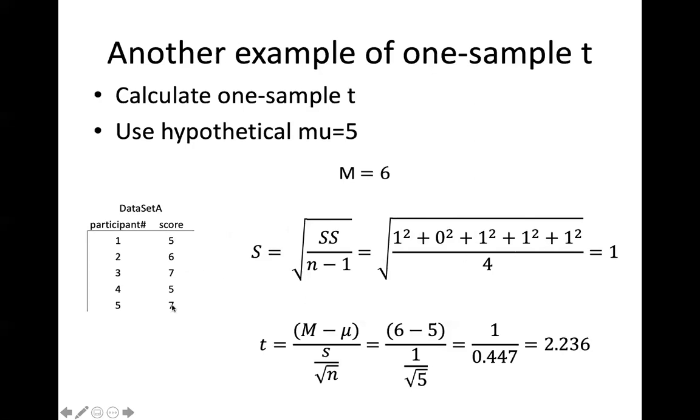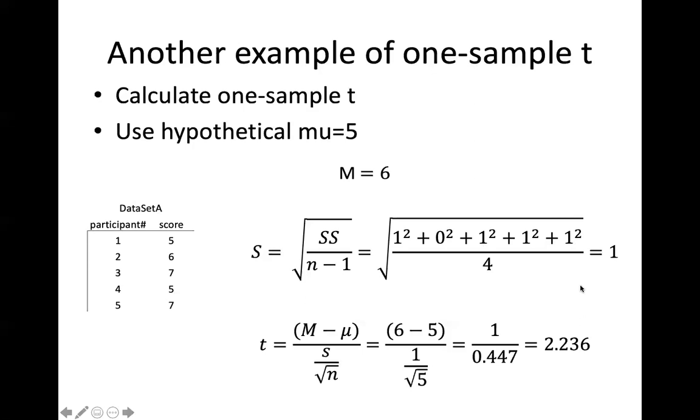This just comes from taking each one of these numbers and then squaring it. When you add those things up, 1, 2, 3, 4, divided by 4, that gives you 4 divided by 4 equals 1. The square root of 1 equals 1. So this is how we get the sample standard deviation.